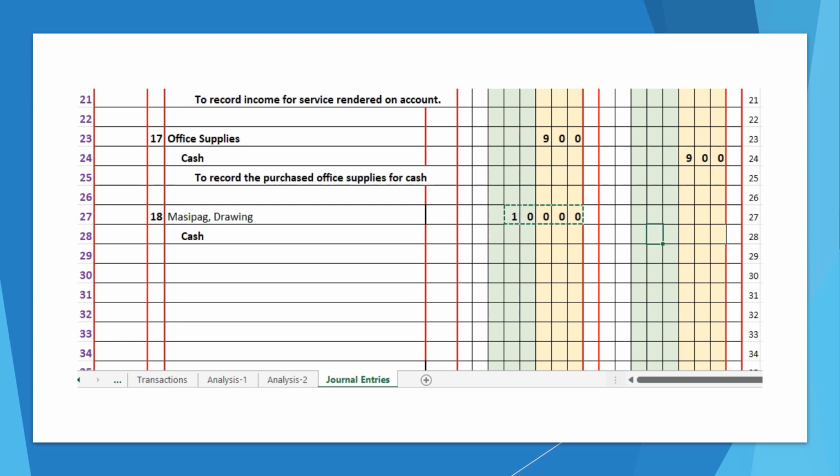And then our explanation is to record cash withdrawal by the owner. Who is the owner? Masipag.